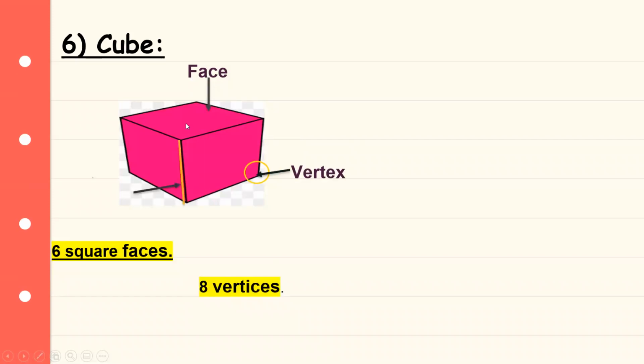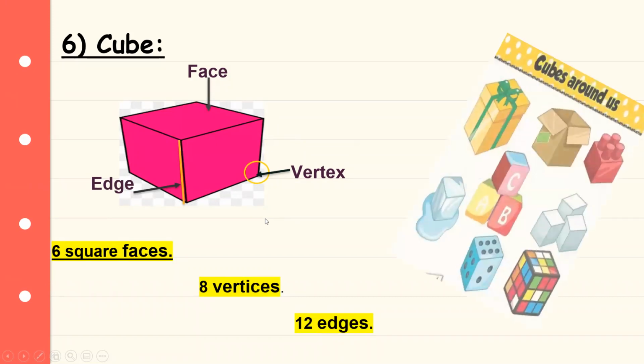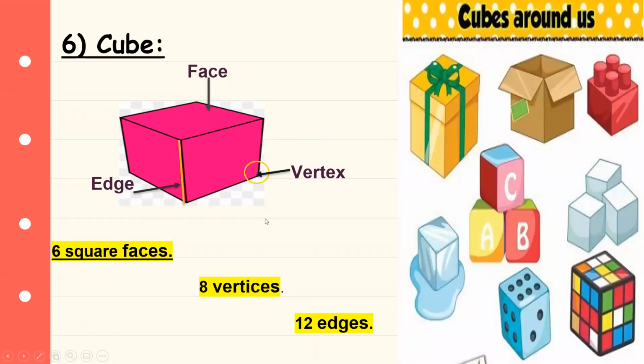We can count them. And how many vertices? 8 vertices. And 12 edges. So the cube has 6 square faces, 8 vertices and 12 edges.